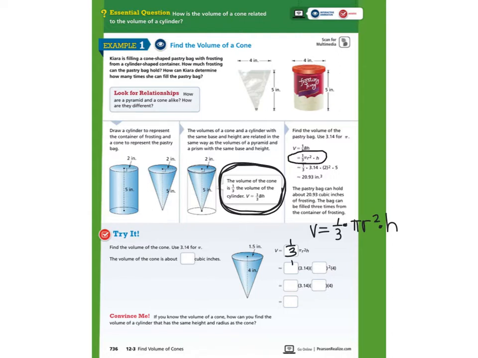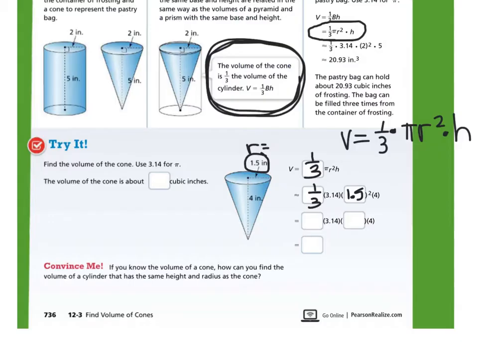So we've substituted in the second line for pi, 3.14, and then we have to find the radius, which we're going to square. In this case, the radius is equal to 1 5/10. Then we're going to multiply that all by the height, which is 4. After we square the 1 5/10 and we get 2 25/100, we're going to multiply everything together.